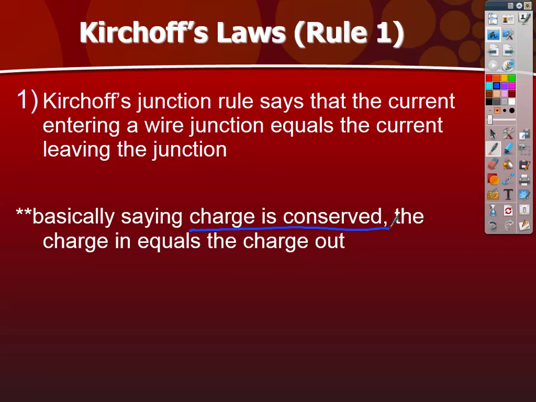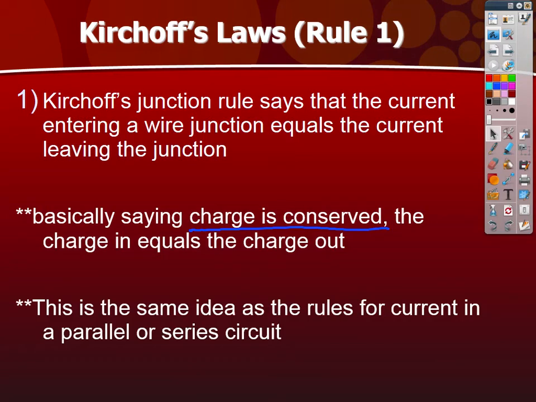In a parallel circuit, the current does split because there's a junction, but the overall amount of charge stays the same and comes back out on the other side. So that's how you would explain both: the junction rule is related to current, in that charge must be conserved.